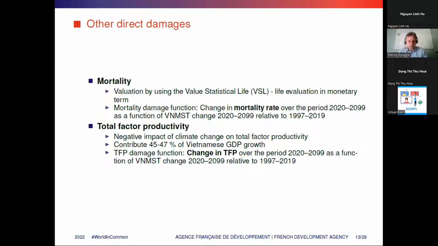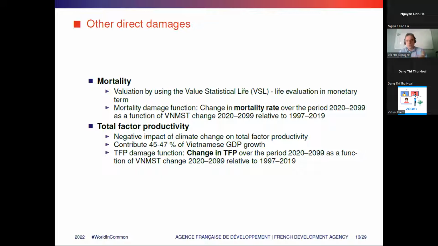Other direct damages that were used were the impact of climate change on mortality. So here we have, in the COP26 report, a full chapter on health impacts. One aspect of that chapter is the evaluation of how changes in extreme temperatures might lead to additional mortality. The question then with this mortality dynamics is how to value it.